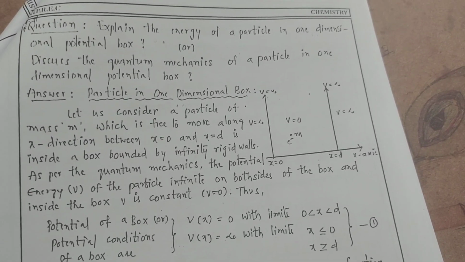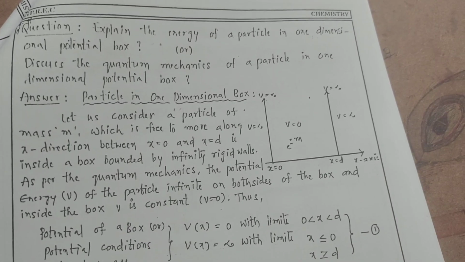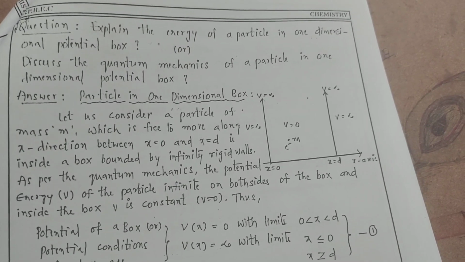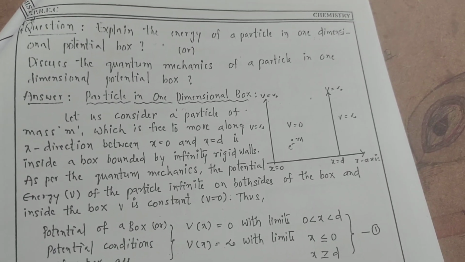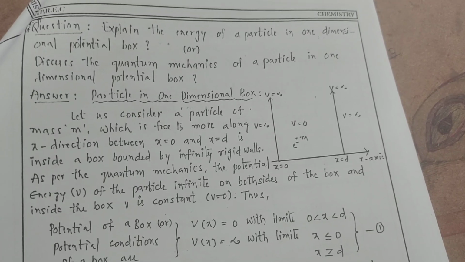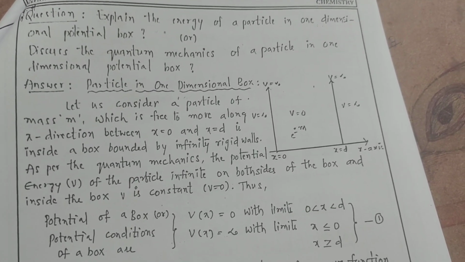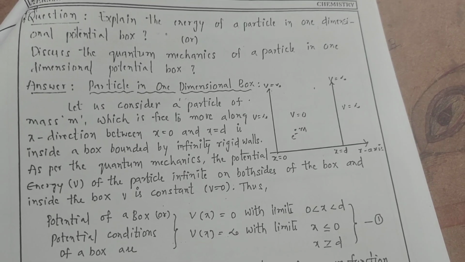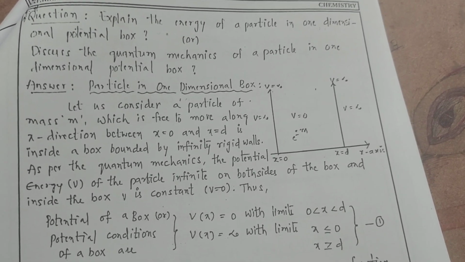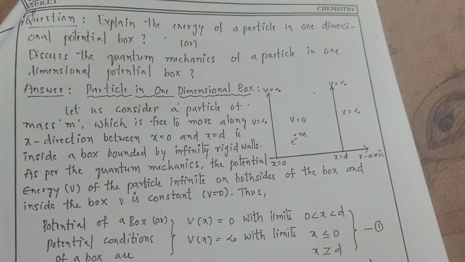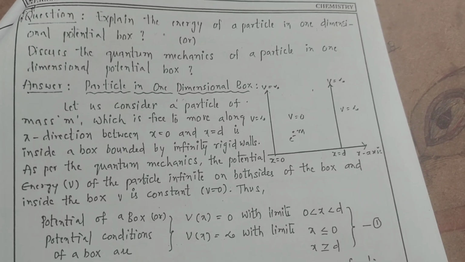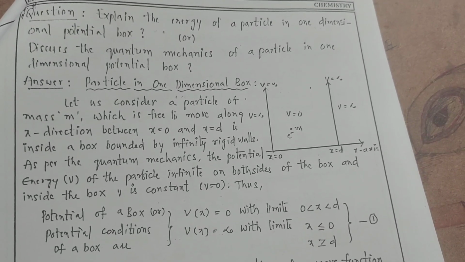They can give it both ways, that is, explain the energy of a particle in a one dimensional potential box, or they can give it in another way, that is, discuss the quantum mechanics of a particle in a one dimensional potential box. So let us read the answer.